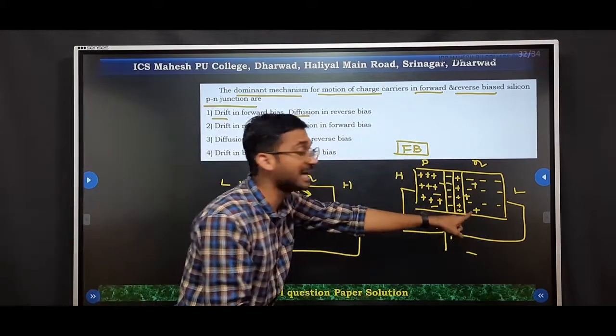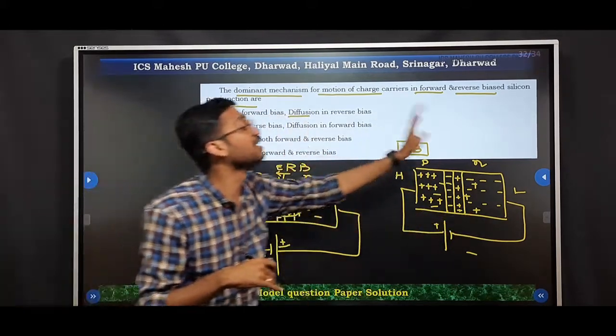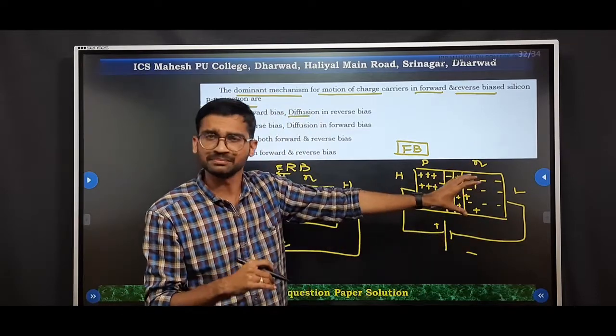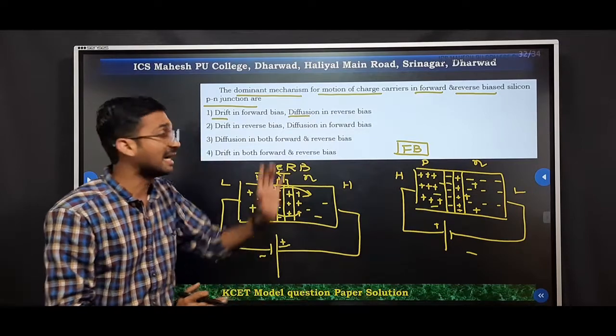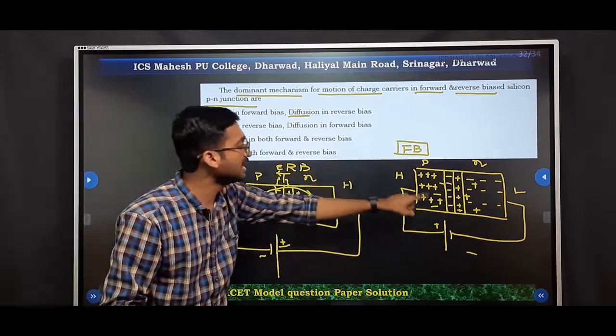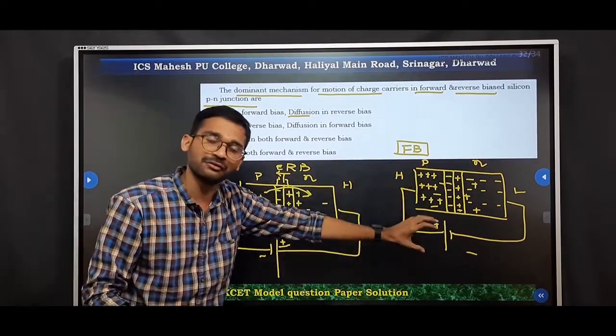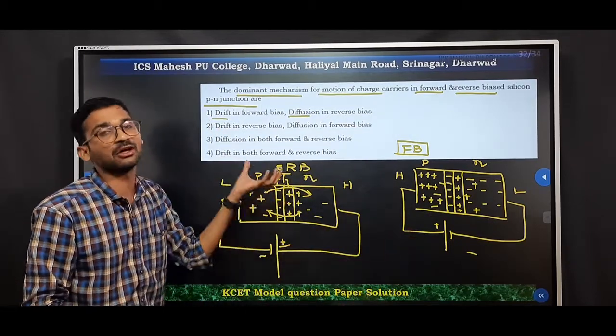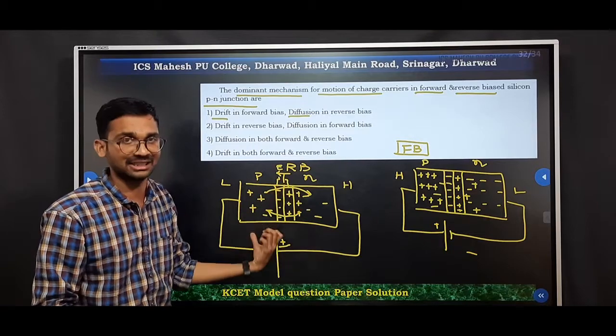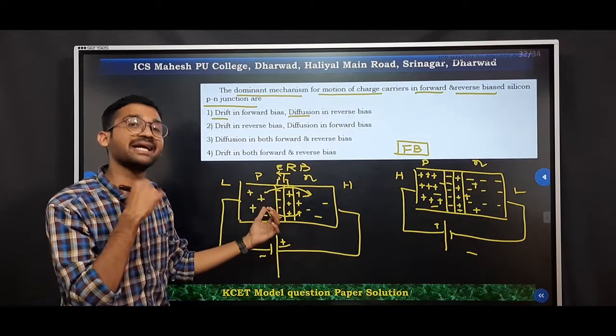But in the forward bias, we observe more diffusion rather than drifting. By observing this analysis, I can conclude that in the forward bias we observe diffusion due to the majority charge carriers, and in the reverse bias we observe the drifting of charge carriers due to the minority charge carriers.